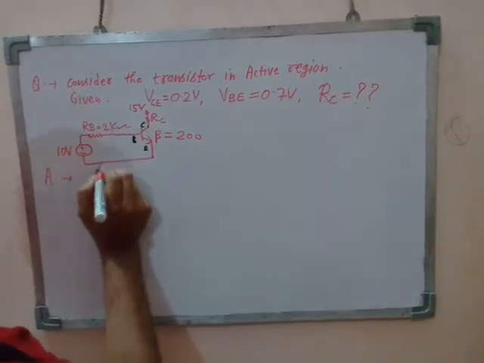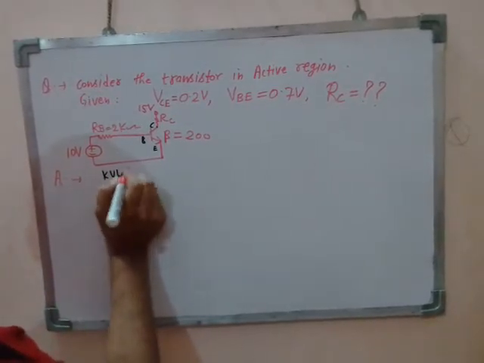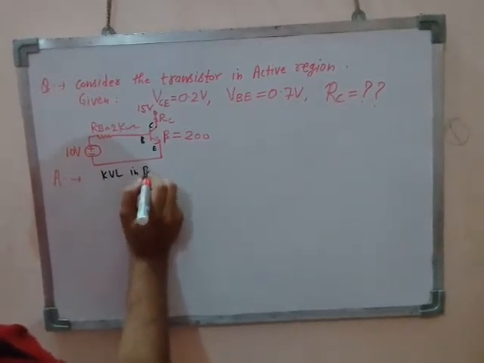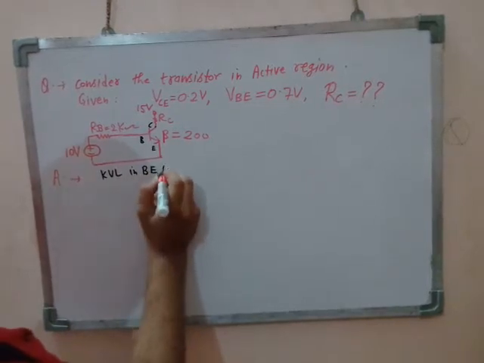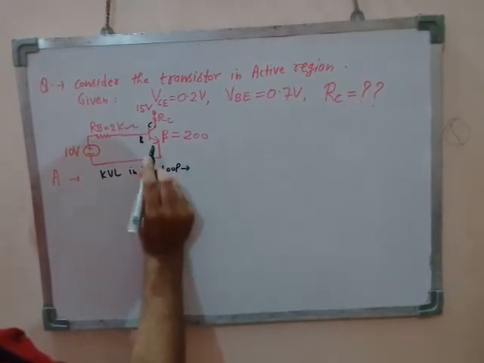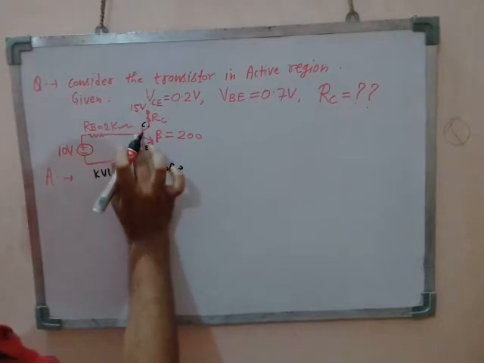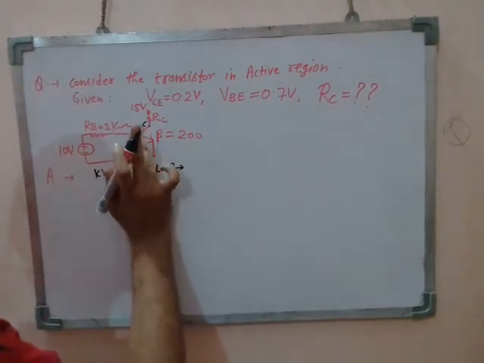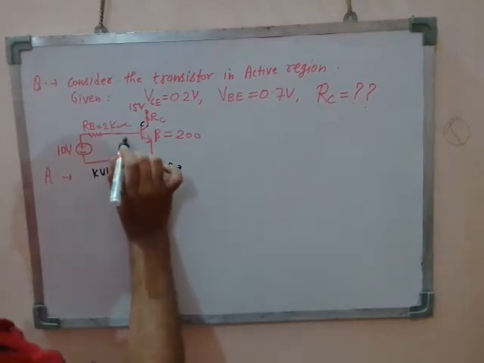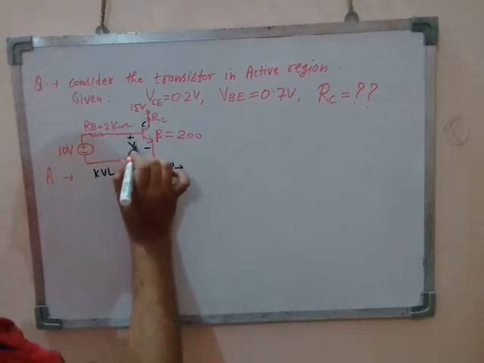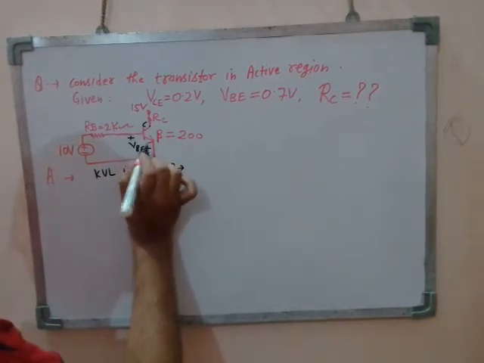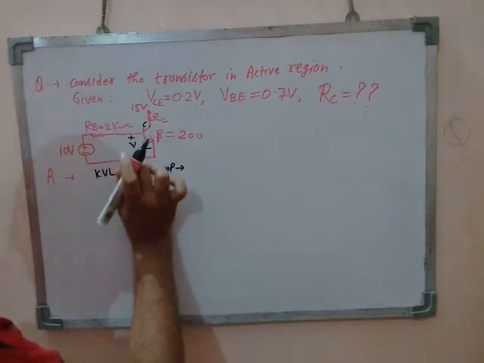Now apply Kirchhoff's voltage law, KVL, in the base emitter loop. See here, this voltage is the base emitter voltage VBE.